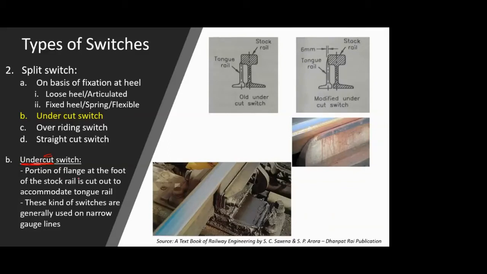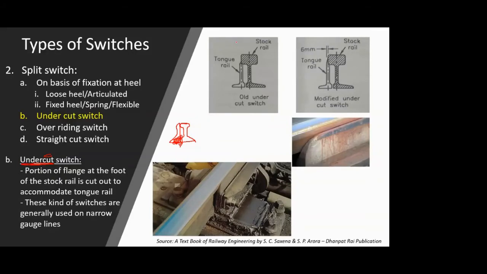In this case, we all know that your stock rail is an I section, flat-footed flange rail. In case of your undercut switch, the flange portion or the foot portion is cut in such a way that I can place a tongue rail in this section.